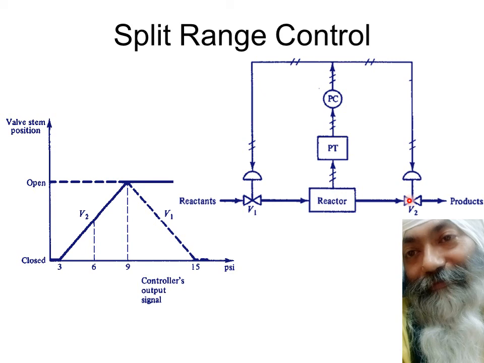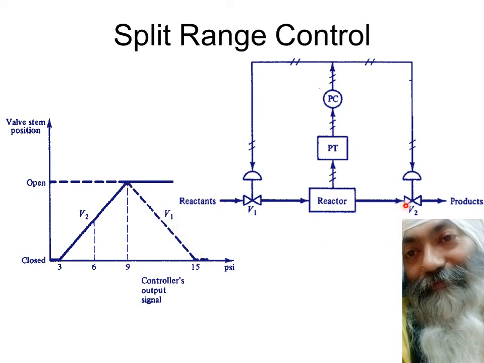But even after opening this V2 to 100%, if the pressure still refuses to come down for some reason, or it is too high to be controlled only by opening the output, in that case I will start throttling, I will start closing V1 thereafter. So in the next part of the range, this V2 is fully open and V1 starts decreasing.